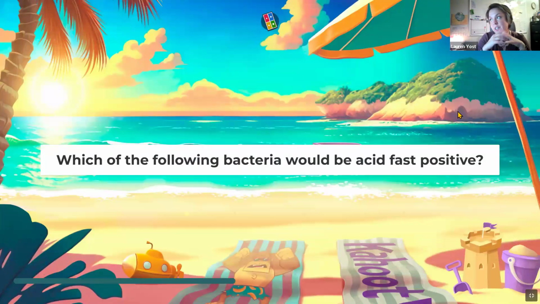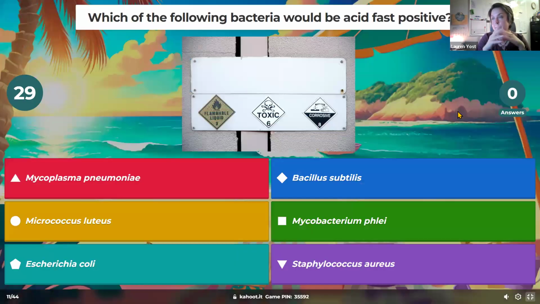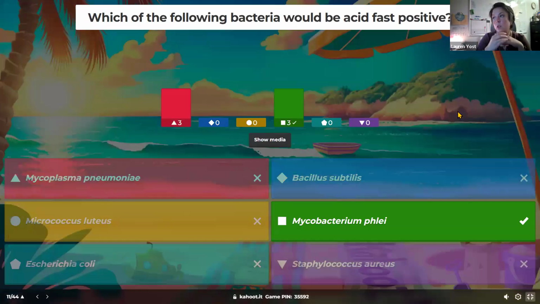All right, which of the following bacteria would be acid-fast positive? So this one is the one that gets a lot of people tripped up. We know myco. We usually can remember myco.